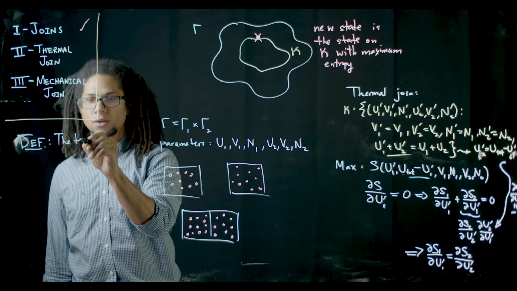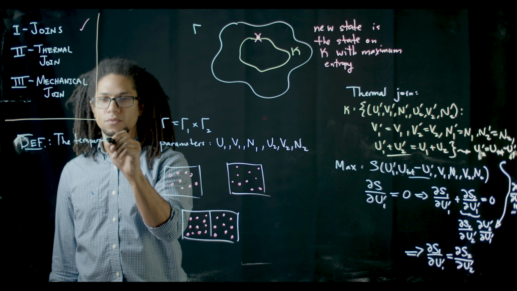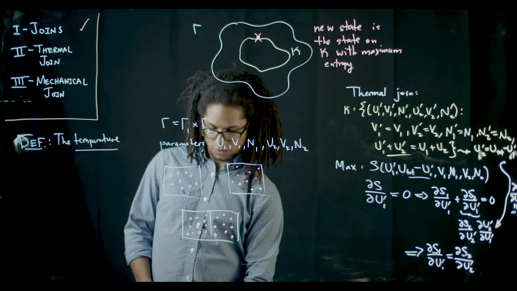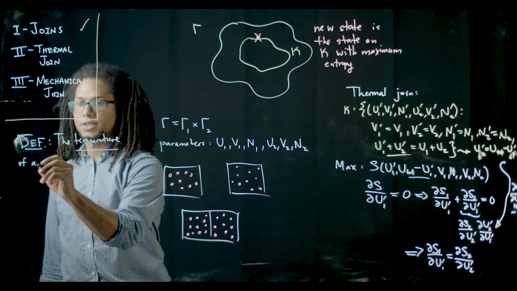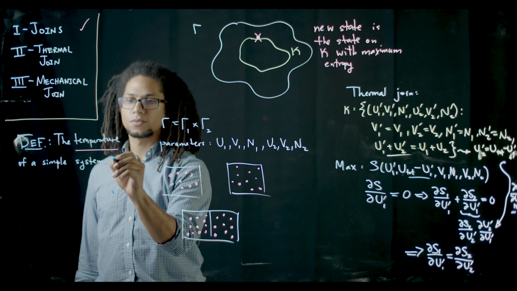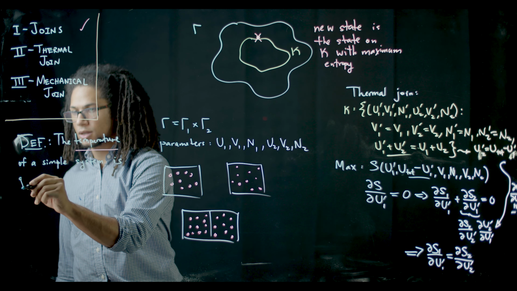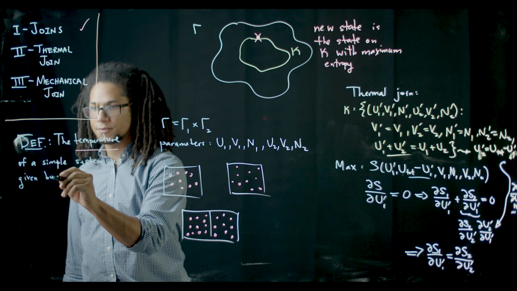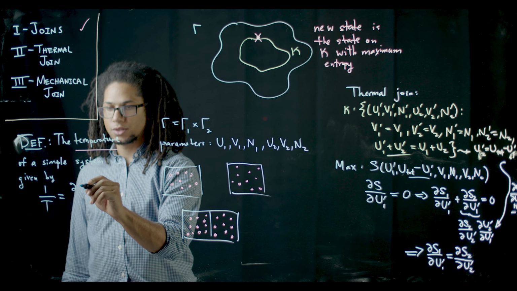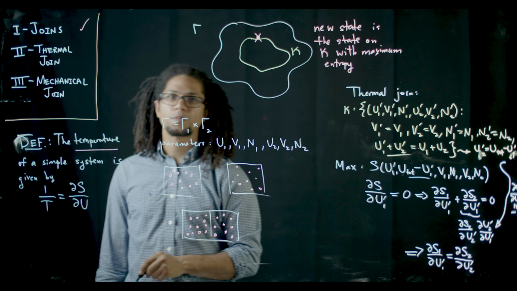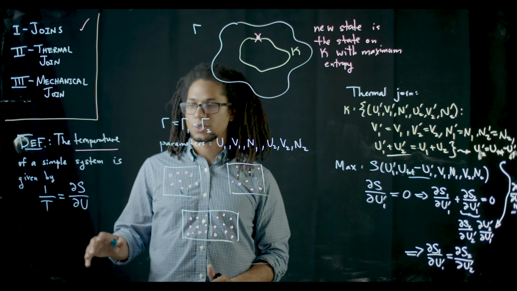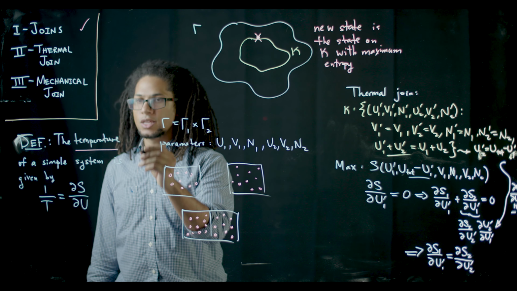The temperature of a simple system is given by 1 over capital T is equal to dS/dU, where now I've gotten rid of the primes and the subscripts because we're just talking about a single simple system. And maybe I should say the temperature T.